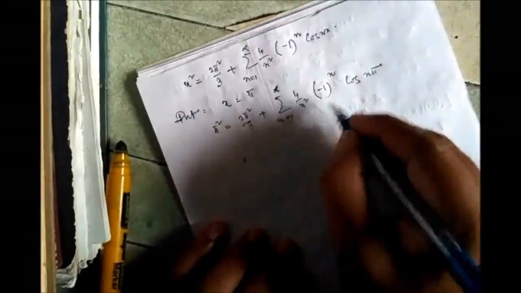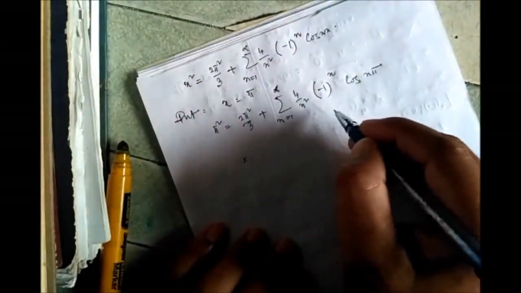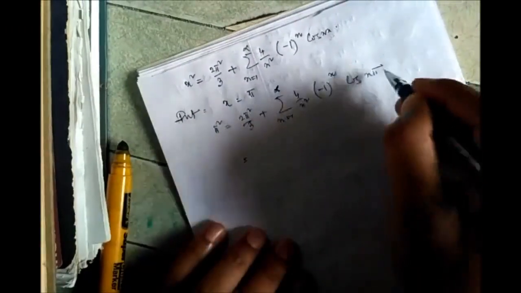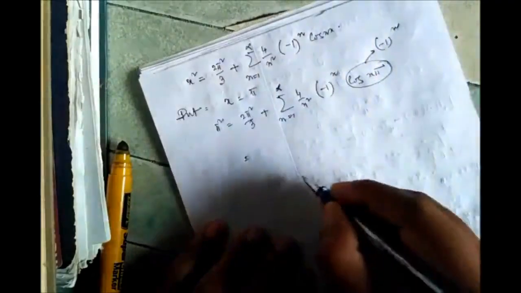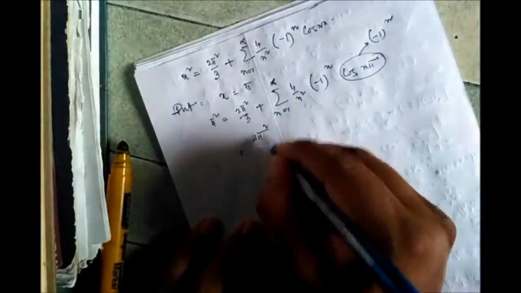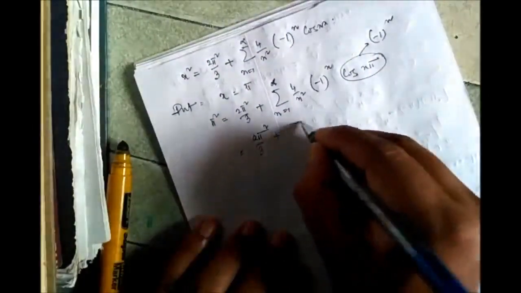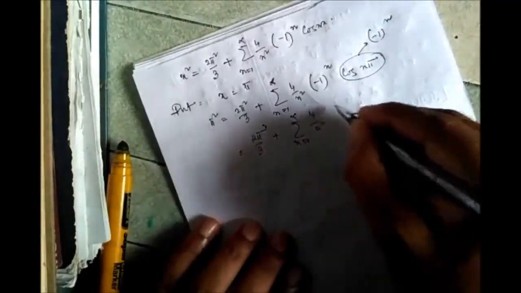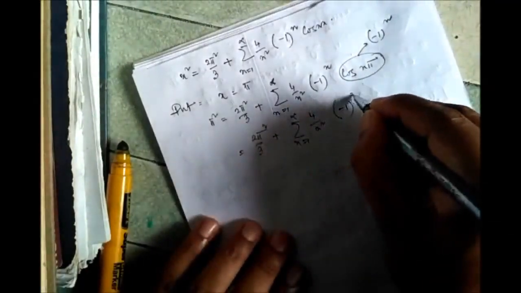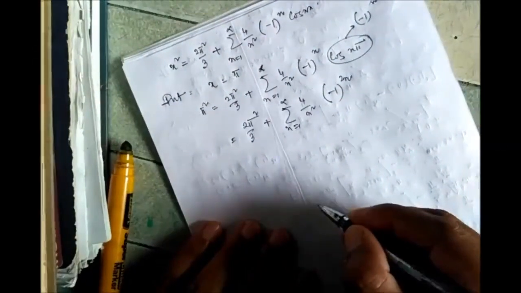Now if you expand this term, what will we get? Cos n pi means minus 1 to the power n. So this gives me 2 pi square by 3 plus sum over n equal to 1 to infinity of 4 by n square minus 1 to the power twice n.